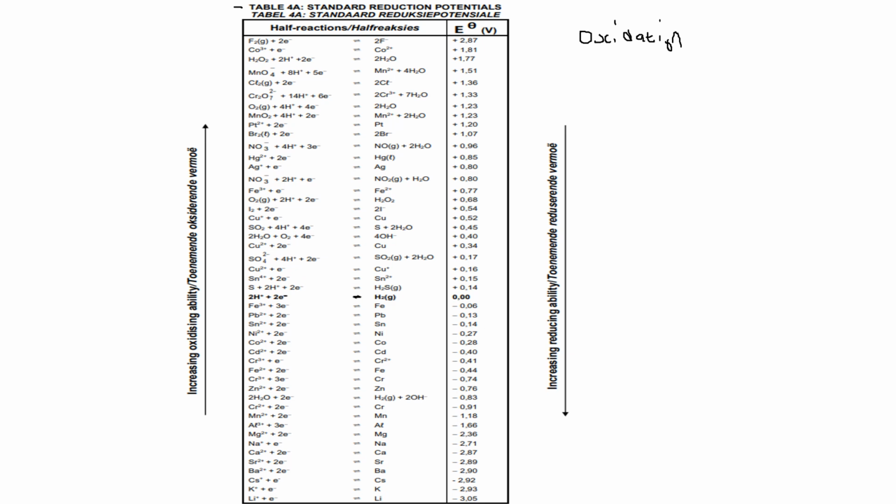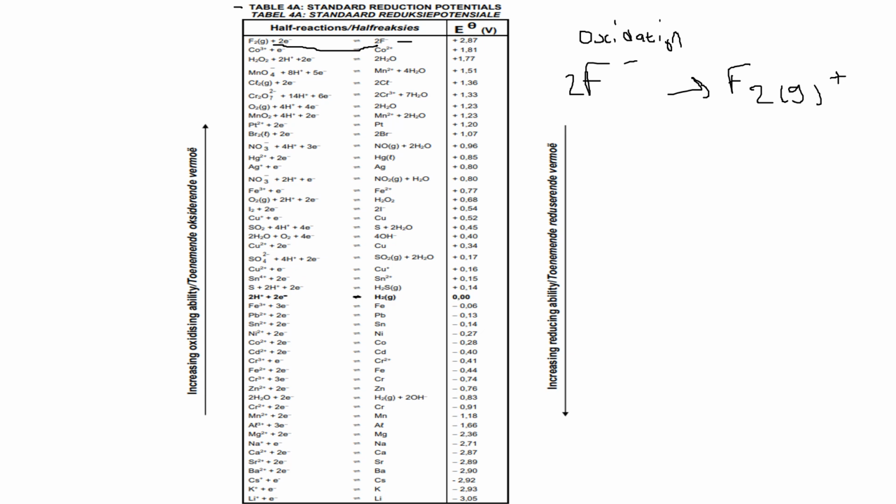Let's say you're going to use F2 plus 2e forming 2F minus. That reaction given there is in reduction manner. So if fluorine was undergoing oxidation, the oxidation half reaction will be 2F minus, then one arrow, then F2 as a gas, plus 2e.